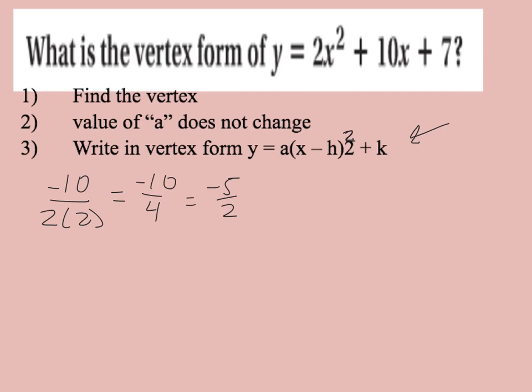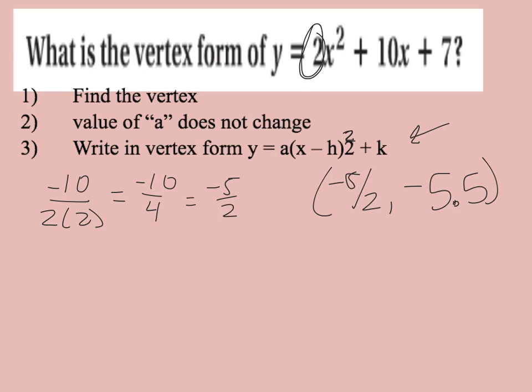And then I plug that back into my equation to figure out what my y would be in my vertex form. When you plug that in, since x is negative 5/2, y would be negative 5.5. You can leave it decimal or fraction, it doesn't matter to me. The a does not change, so this is my a.